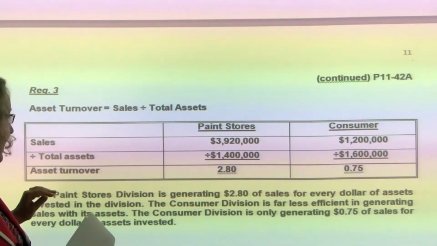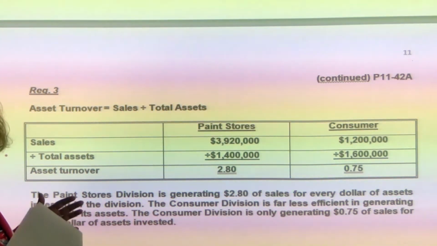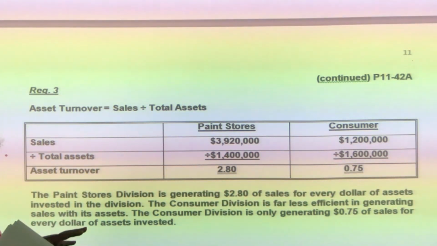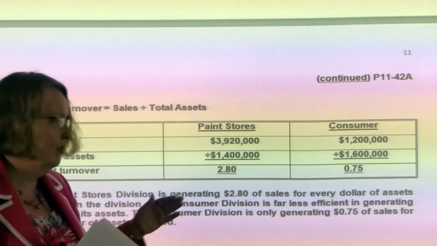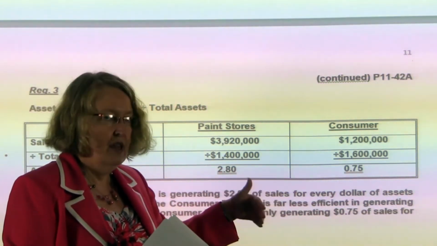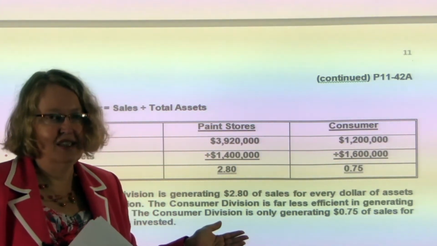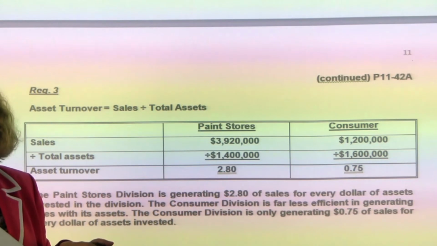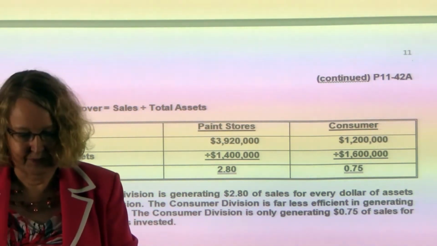So what that's telling you is that the paint stores are generating $2.80 for every dollar of assets invested in that division. And compare that to the consumer division, where they're only earning 75 cents for every dollar of assets invested. So as accountants, you have to do more than just calculate these numbers and the formulas. You have to interpret what the information is telling you.